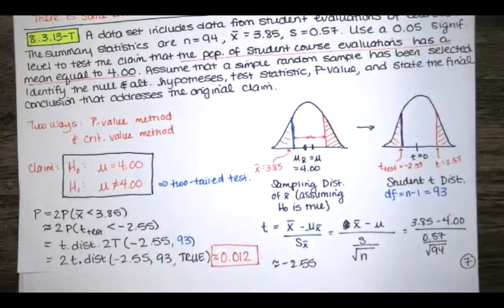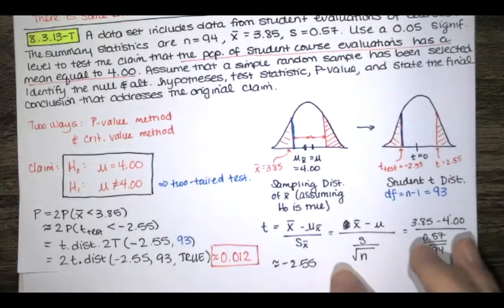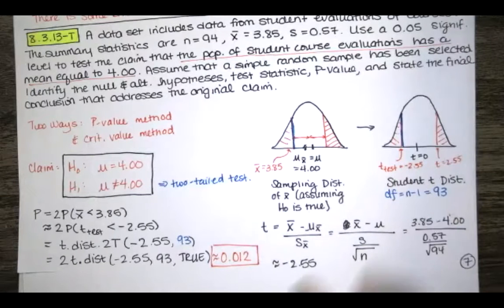Now from here, we could use Excel to find the corresponding p-value, but what if we can't? What if we don't have Excel with us? All we have is the Triola Formulas and Tables to infer whether we should reject or fail to reject the null.